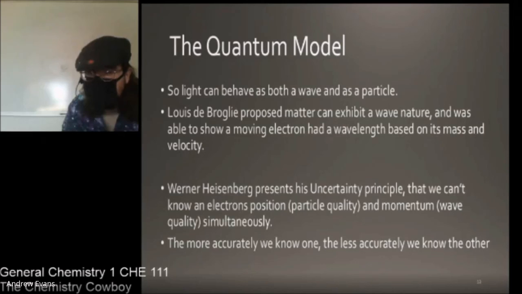If we were to take a snapshot of the atom and found exactly where that electron was, we wouldn't know anything about how fast it was moving. But if we got a good grip on how fast it was moving, it could be anywhere in the atom, including well outside of the atom. The uncertainty of where it's located could be several meters away. So we cannot know one very accurately without knowing the other.